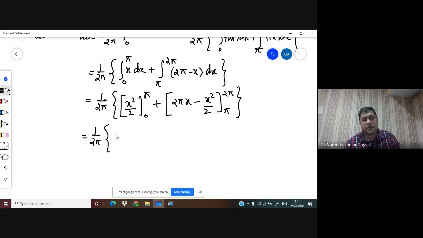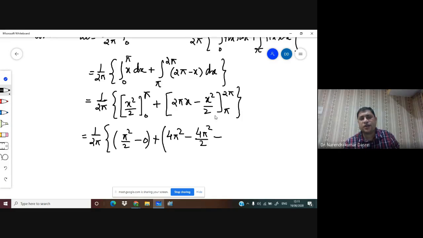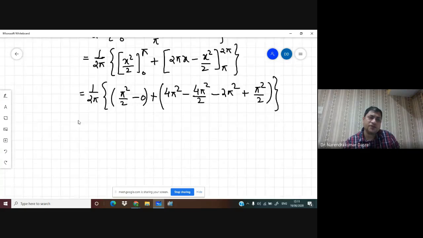If I put here pi, then it will be pi square by 2 minus the lower limit 0, plus here if we put 2 pi, then this will become 4 pi square minus 4 pi square by 2, then minus 2 pi square, and minus minus will become plus pi square by 2. Okay, so this way we have the limits here.